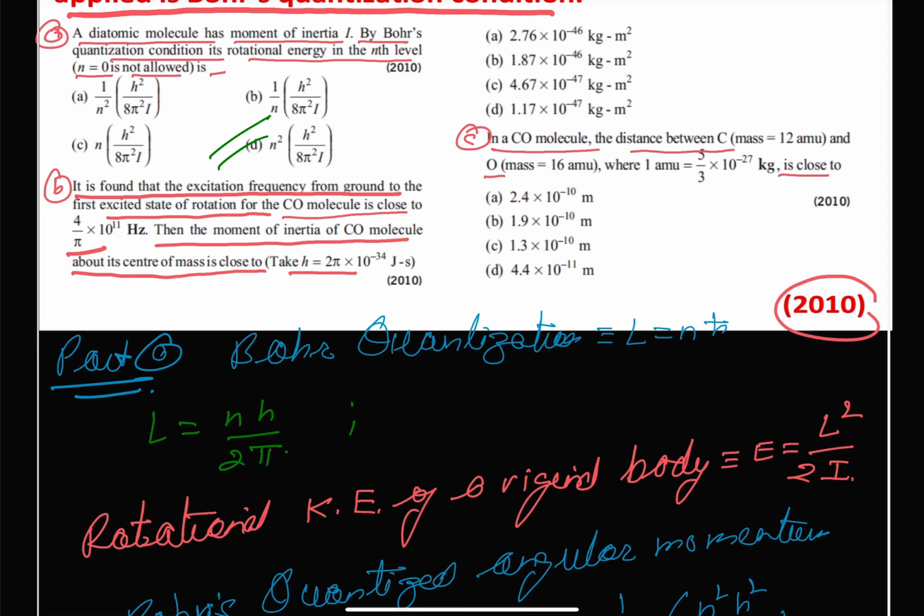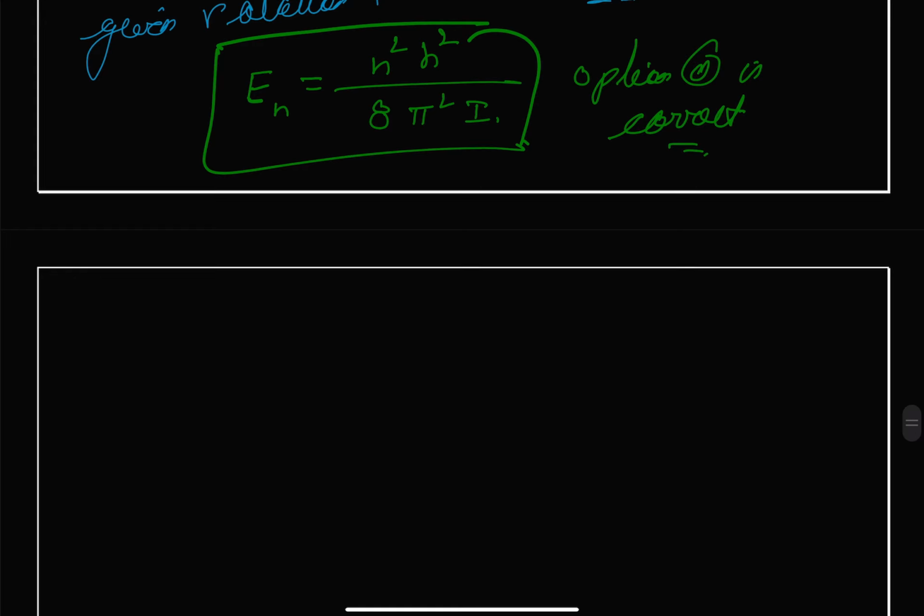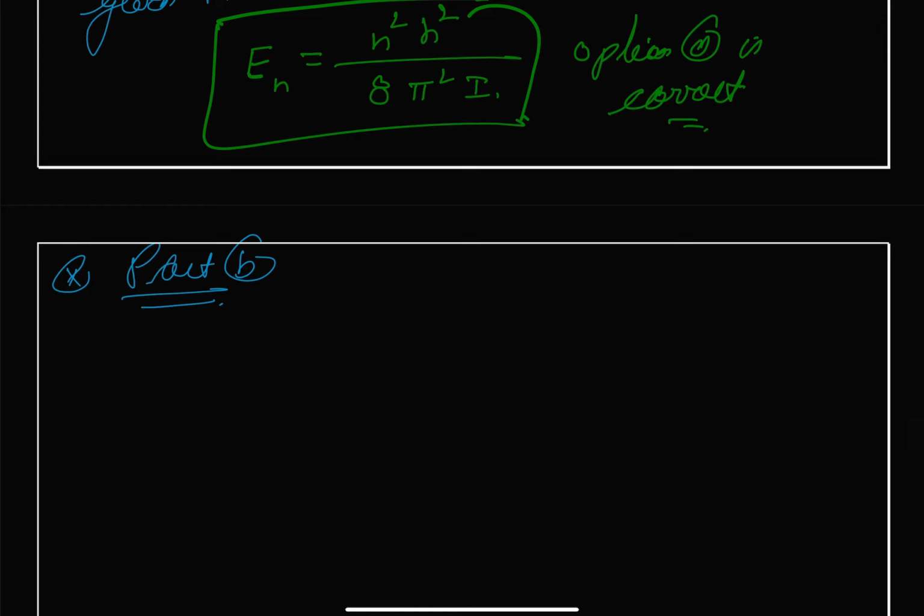Okay, so in part B, we are supposed to find the moment of inertia, which is nothing but our I. And we know that the energy of photon will be equal to the difference between the ground level and the first excited state. So we are going to use that formula.